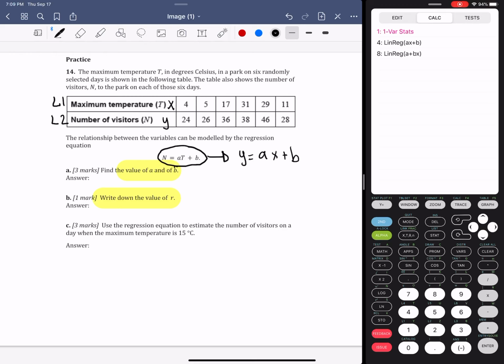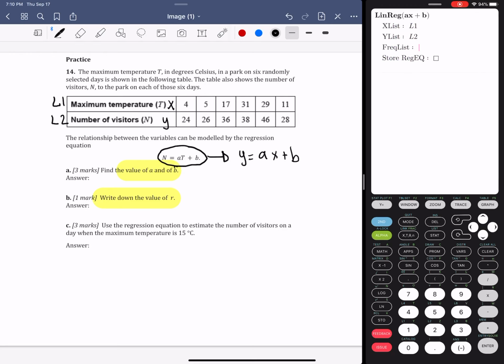So they're both really the same. But because my problem is in ax plus b, so my slope comes first and then my y-intercept, in this problem I'm going to use 4. It doesn't matter if you use 4 or 8, but I prefer that you use the one where it's given to you. So either you go down to 4 or you can press the number 4.